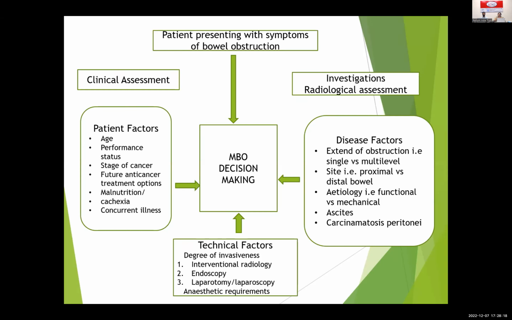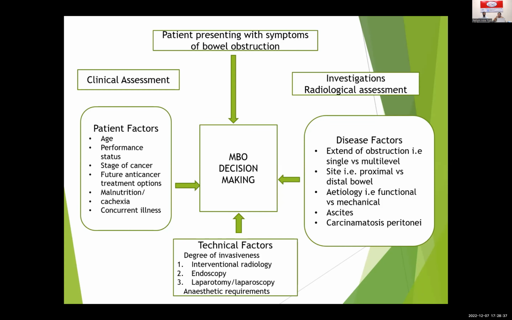There are technical factors: the degree of invasiveness, interventional radiology, endoscopy, laparotomy or laparoscopy, anesthetic requirements. These are all other technical factors when it comes to surgical interventions. All right.